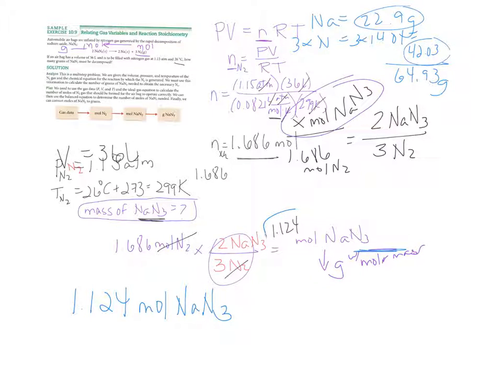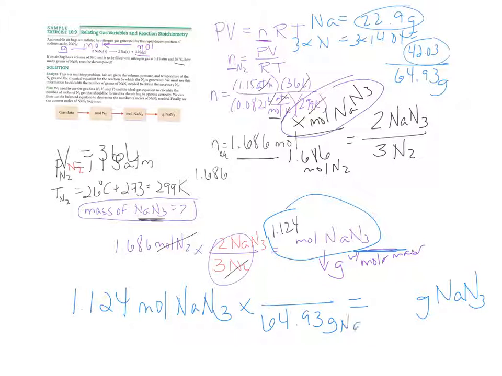That's from this number. So we can multiply that by the molar mass to find the grams of sodium azide that we have. And our molar mass is, we just found that out, 64.93 grams of sodium azide in every 1 mole of sodium azide. And this molar mass we just figured out up there.